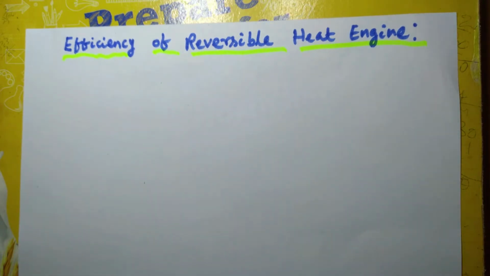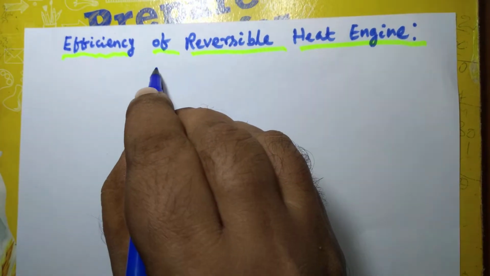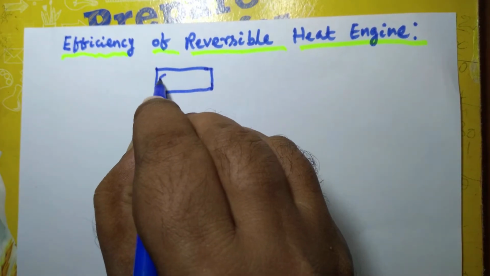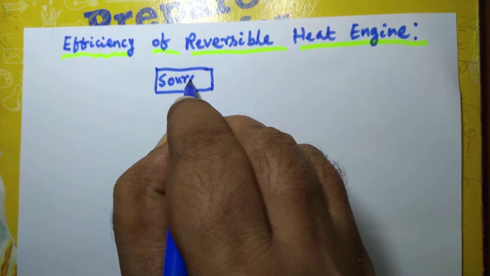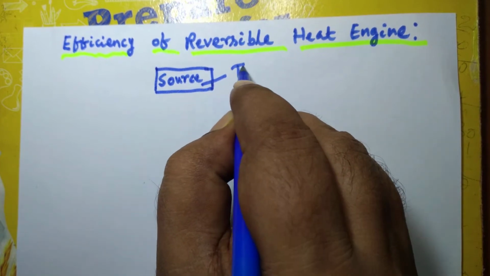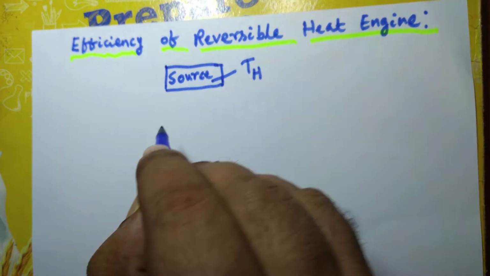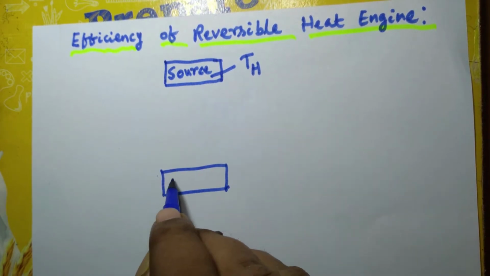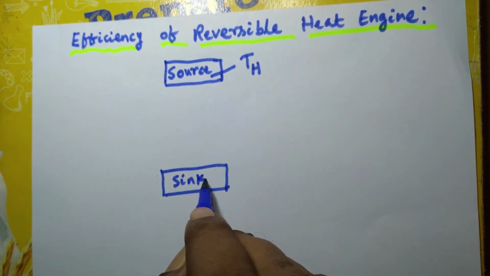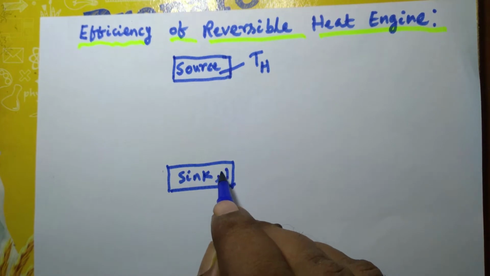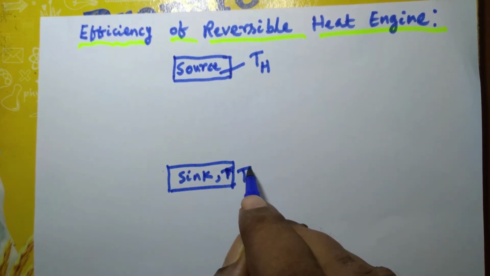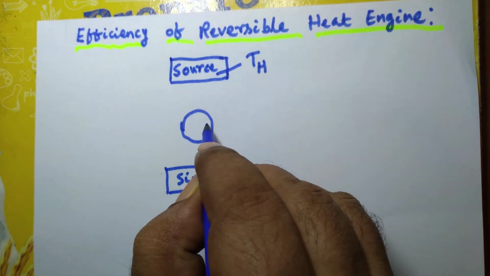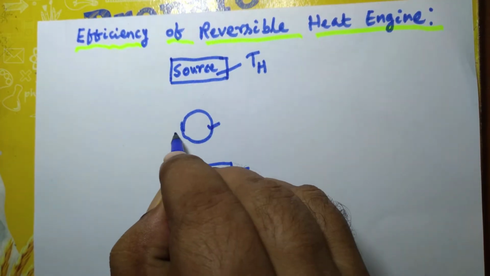Let's get started. Suppose a reversible heat engine is operating between a source whose temperature is TH, the higher temperature, and a sink whose temperature is TL, the lower temperature, and the heat engine operates in a reversible manner.